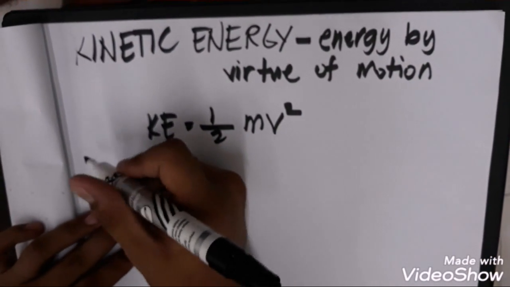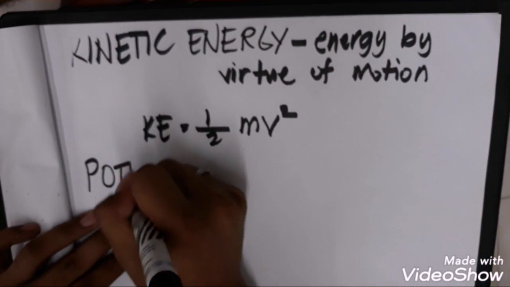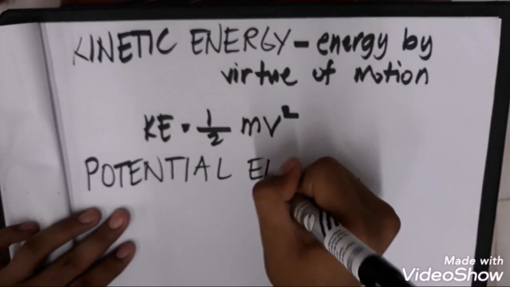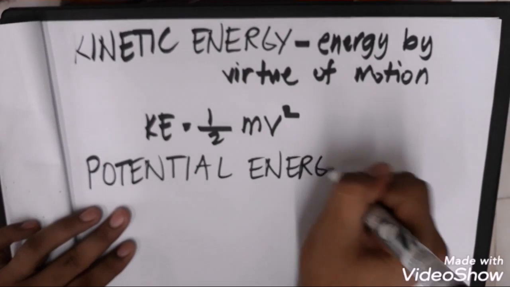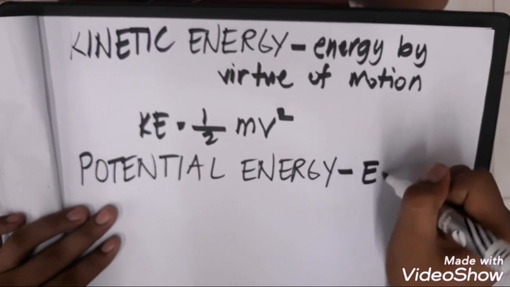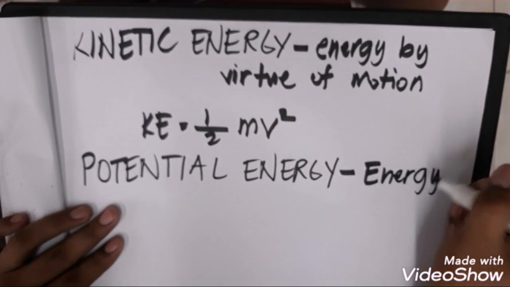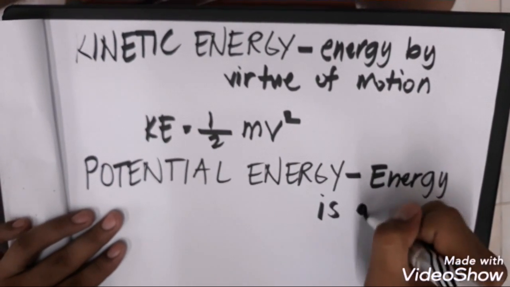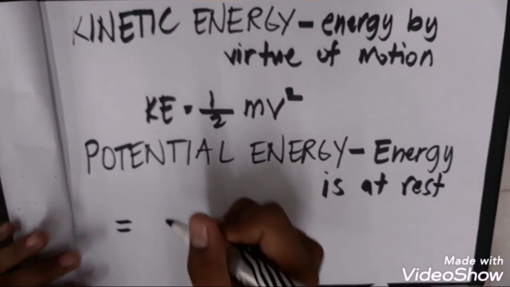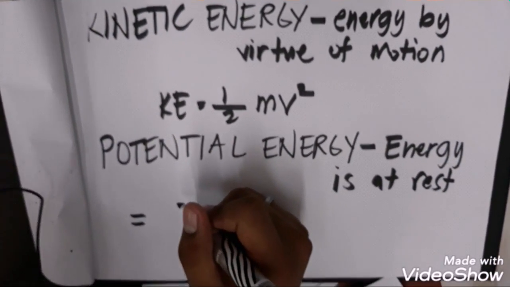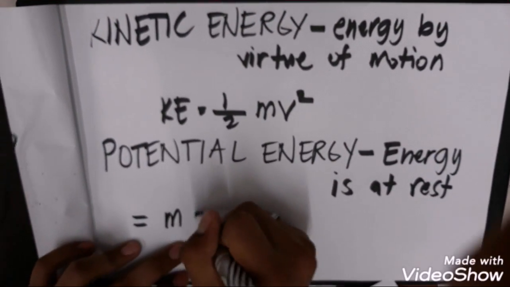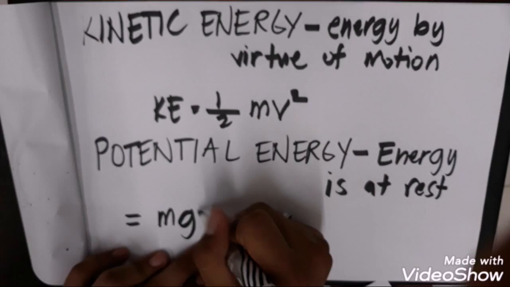Another type of energy is the potential energy, where the energy is at rest. The formula for the potential energy is mass times gravity times height.